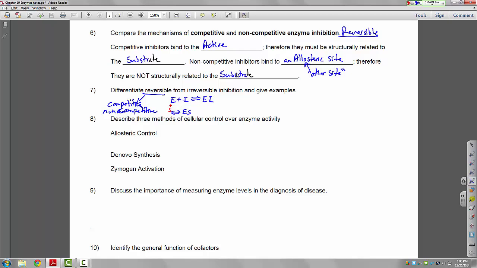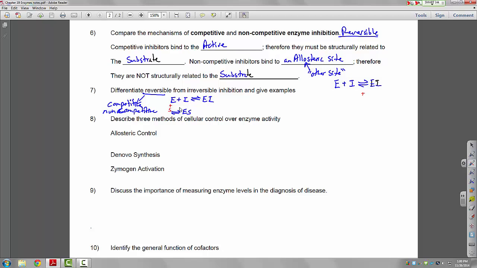Let me actually make another slight addition to this. In competitive, we've got the enzyme here. If it binds the inhibitor, we form this EI, this enzyme inhibitor complex, and no substrate can bind.